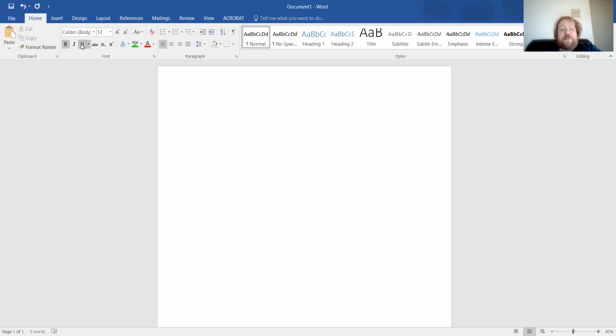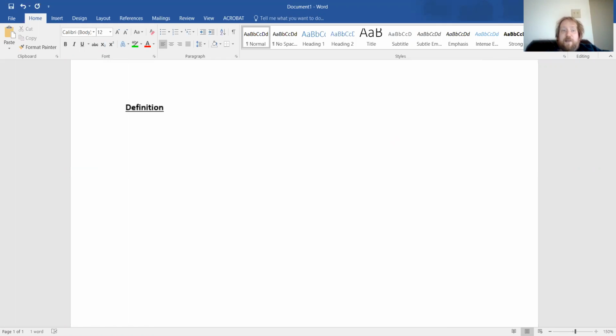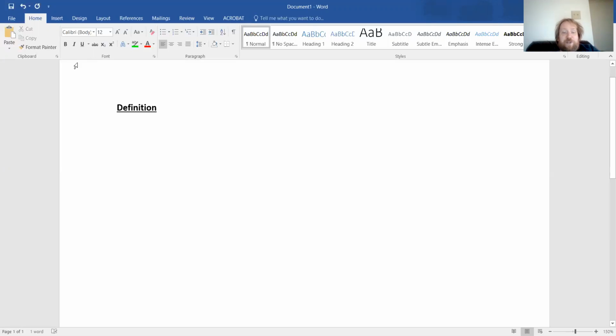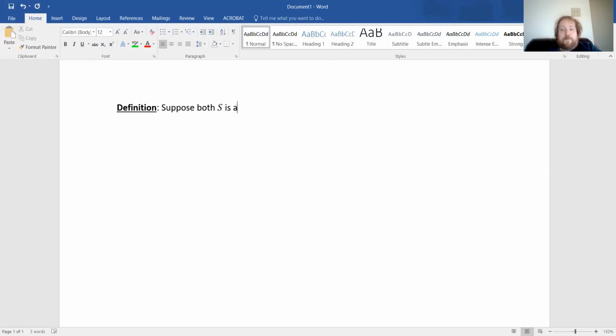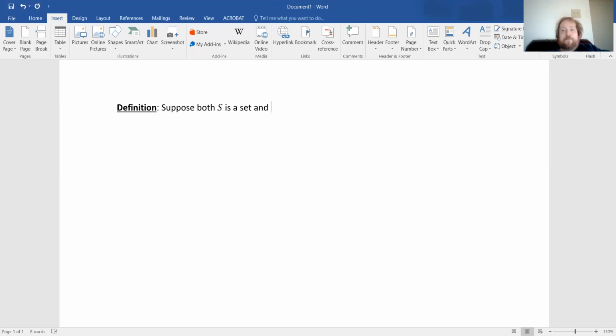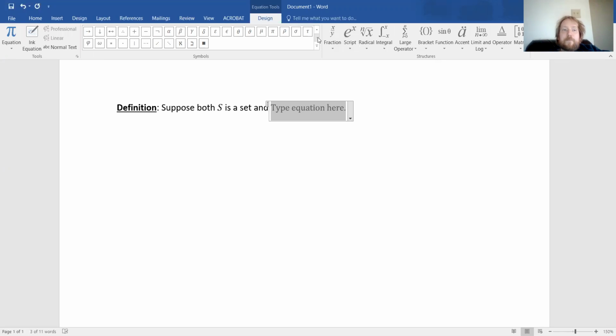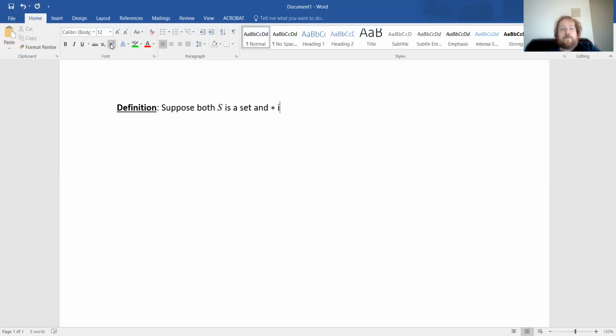So the definition is this. We will again suppose that both S is a set and star is an operation. Now, we will define what it means for the set to be closed under the operation.